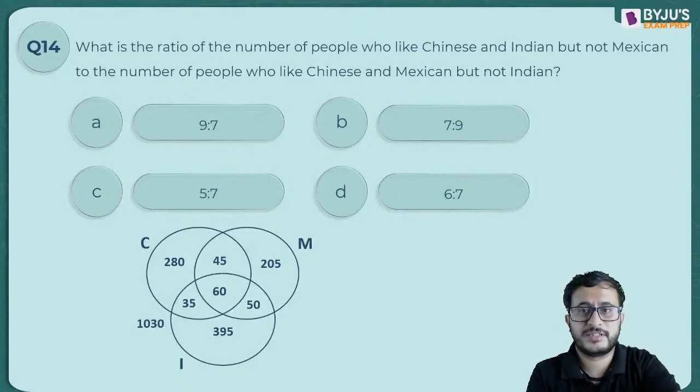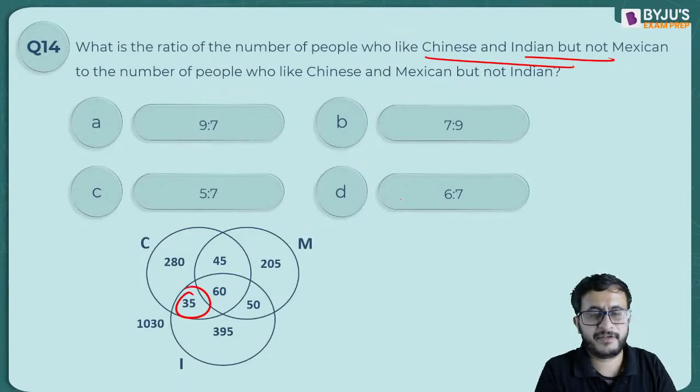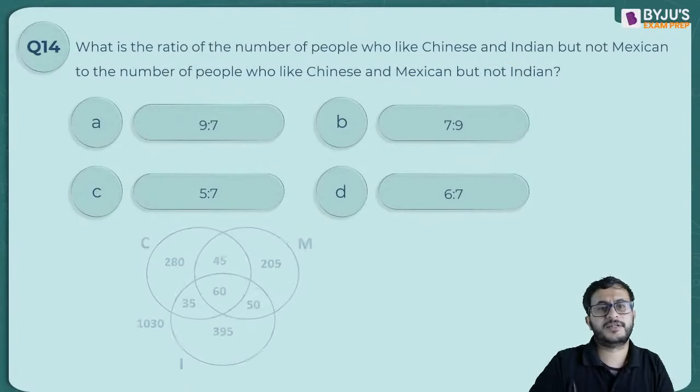Okay, so Chinese and Indian but not Mexican. Be very, very careful about these words. Chinese and Indian but not Mexican. 35 हो गया, ठीक है? Who like Chinese and Mexican but not Indian. So 35 and 45, right? So 7:9, right? So this is the answer.